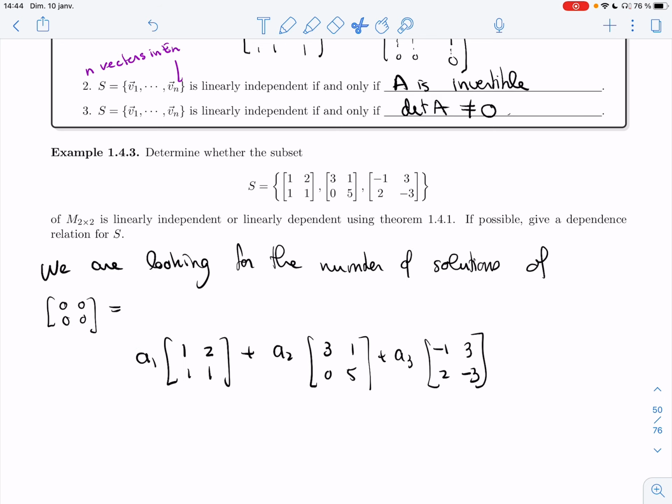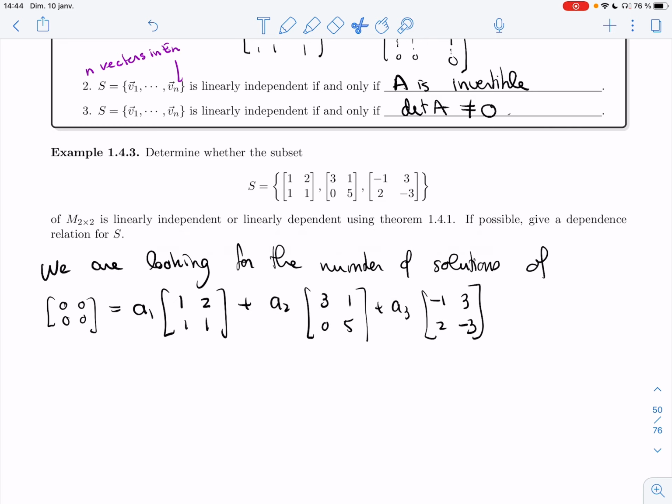Sorry. All right, almost there. And so if I put them all in a matrix, what I'll get is A1 plus 3A2 minus A3. I'm going to get A1 plus 2A3. I'm going to get 2A1 plus A2 plus 3A3. And I'm going to get A1 plus 5A2 minus 3A3.